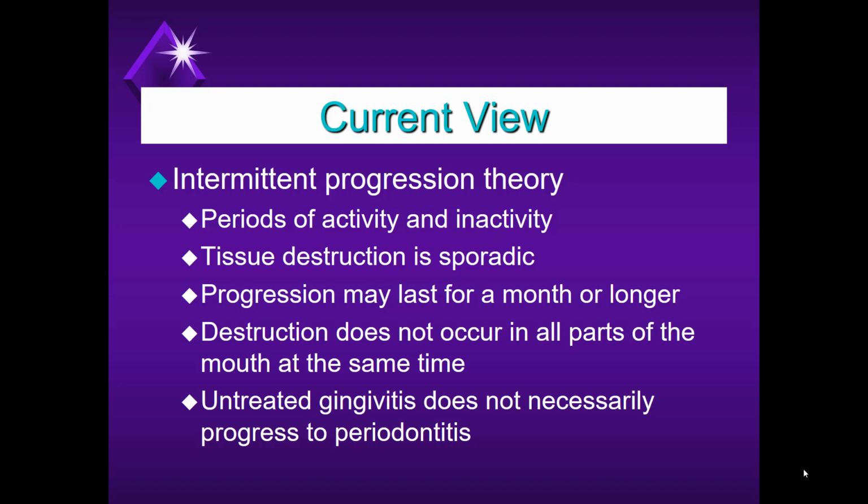But right now, and there's different names of this as well, but basically the current view is that there's an intermittent progression theory, and that's that patients will have periods of activity and inactivity. So they'll be breaking down bone and attachment and then stop, basically, so that the tissue destruction is sporadic.